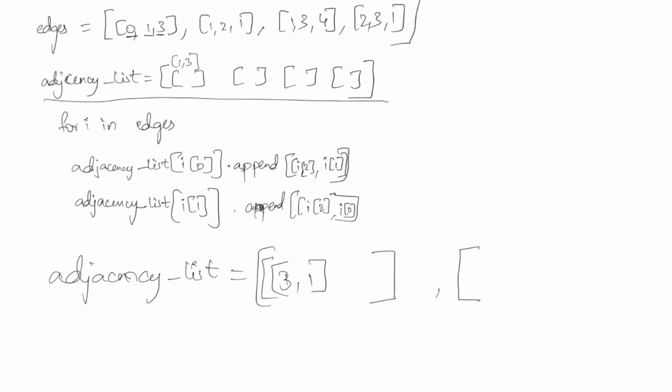For the first one, it will be 0 3 0, and 1 can go to 2 with a distance of 1. So distance of 1 for node 2, and we'll give it for 2 as well. Distance of 1 for node 1.